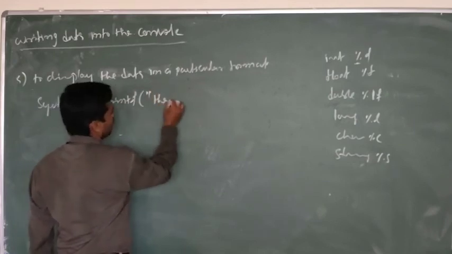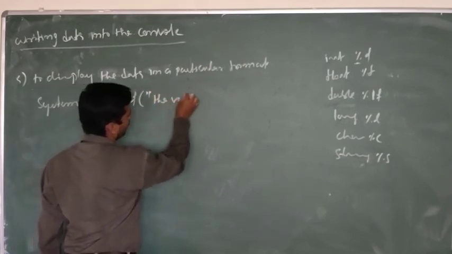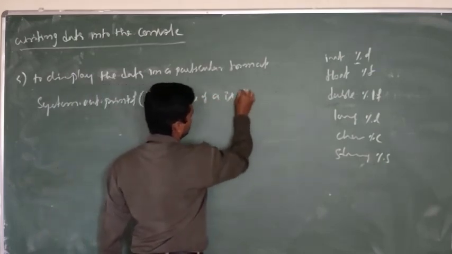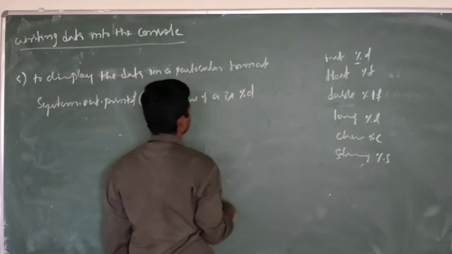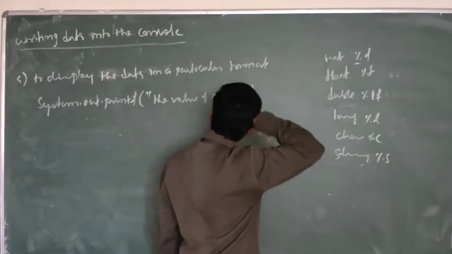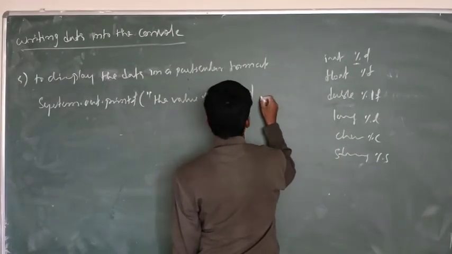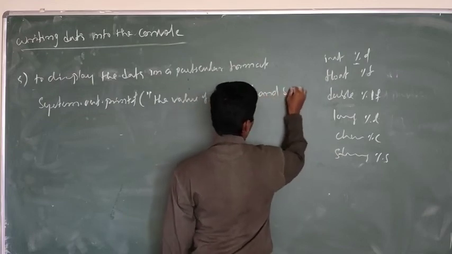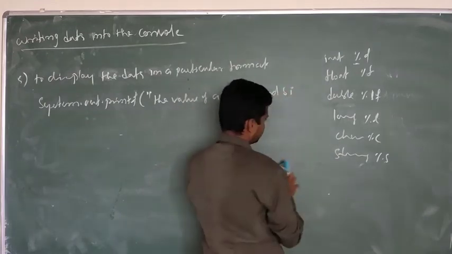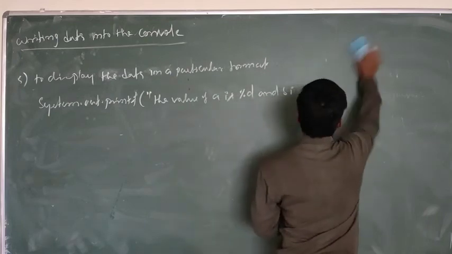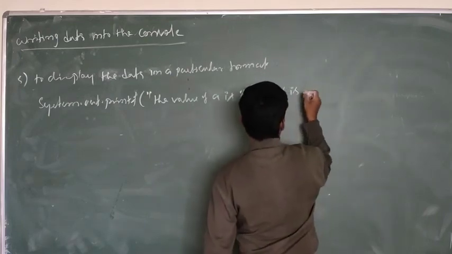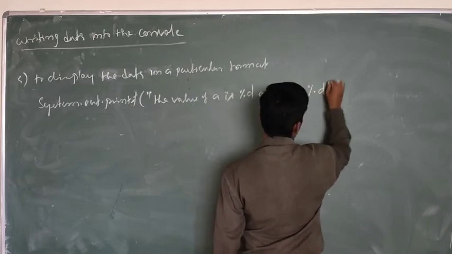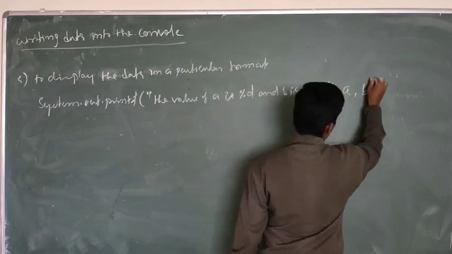For example, here the value of a is %d and b is %d, then a comma b.